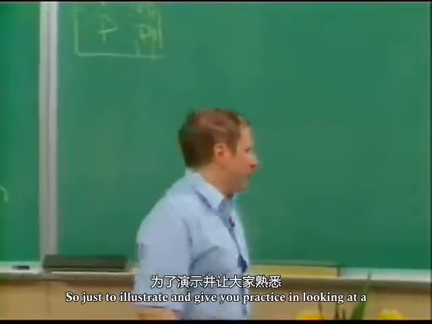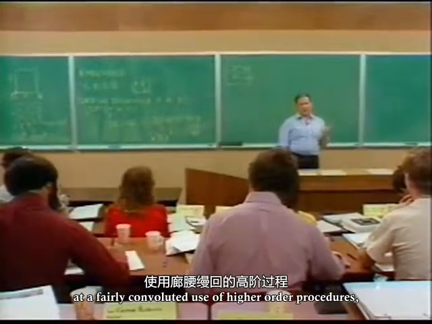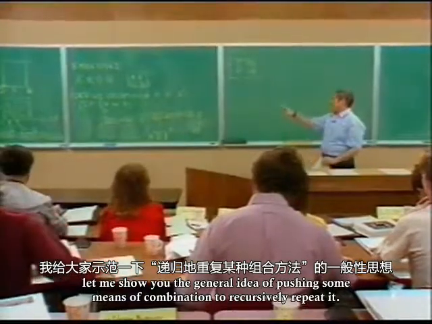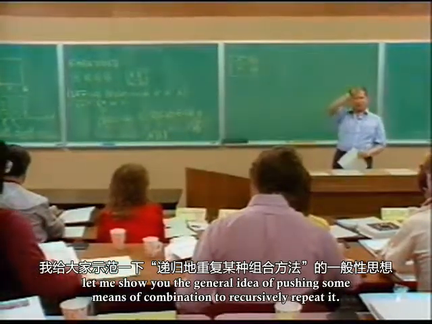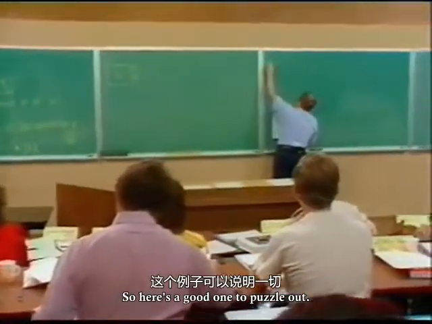So just to illustrate and give you practice in looking at a fairly convoluted use of higher order procedures, let me show you the general idea of pushing some means of combination to recursively repeat it. Here's a good one to puzzle out.